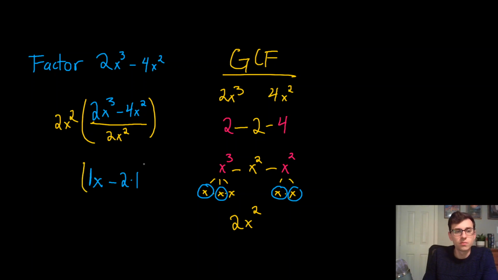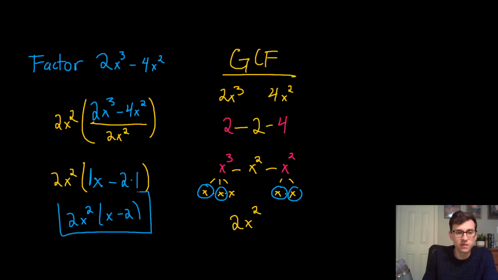So 2x squared on the outside. And then just to fully get us where we need to go, 1x is the same as x. 2 times 1 is 2. So this would be my final answer, 2x squared times x minus 2. So I factored out the greatest common factor, which is 2x squared. When you do that, you're basically dividing everything by 2x squared and multiplying everything by 2x squared.